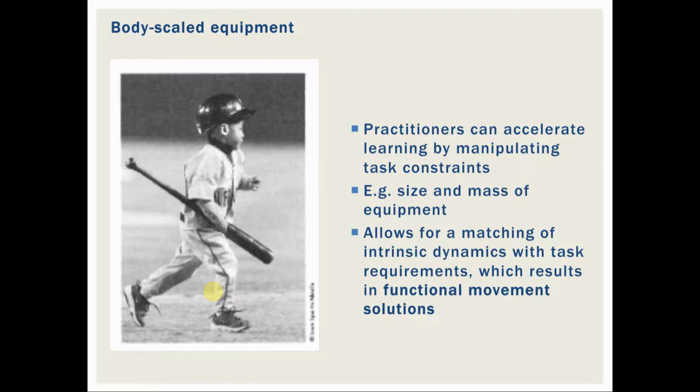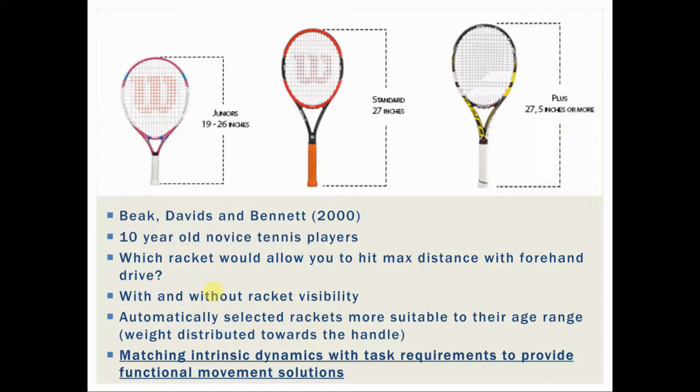For example, you could give a heavier baseball bat to a stronger player, while you'll give a lighter baseball bat to a less strong player. Or a player who's reasonably skillful and tall can play at a higher volleyball net than a learner who's less skillful or a lot smaller. And that will all result in functional movement solutions being found by the learners.